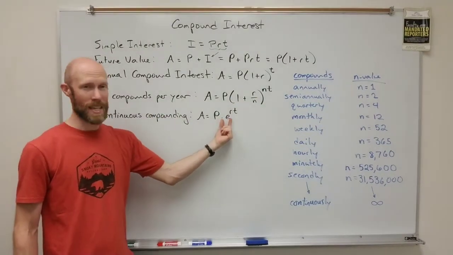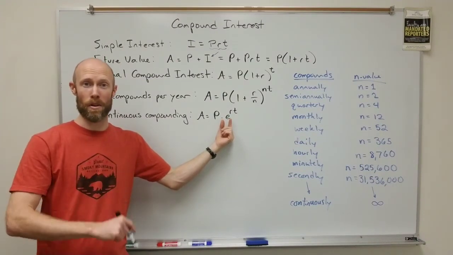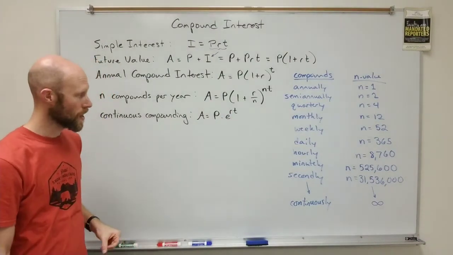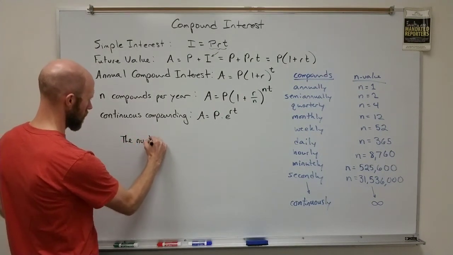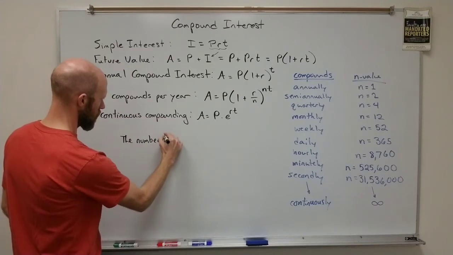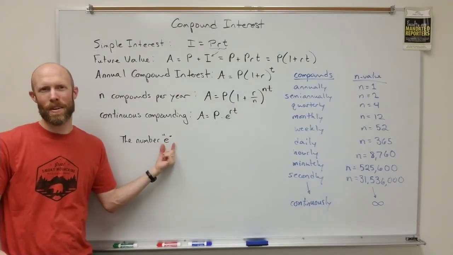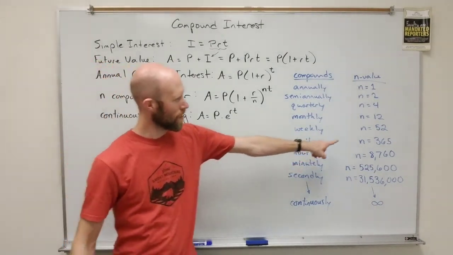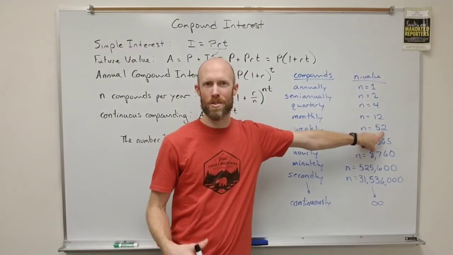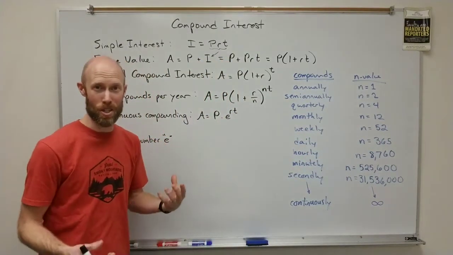Now what the heck is the e in there? e is not actually a variable, it's actually a number. It's the number e. Now you're thinking, that's not a number, it's a letter. It's a number. Everything we write, the number 52 is just a symbol that represents the concept of 52.